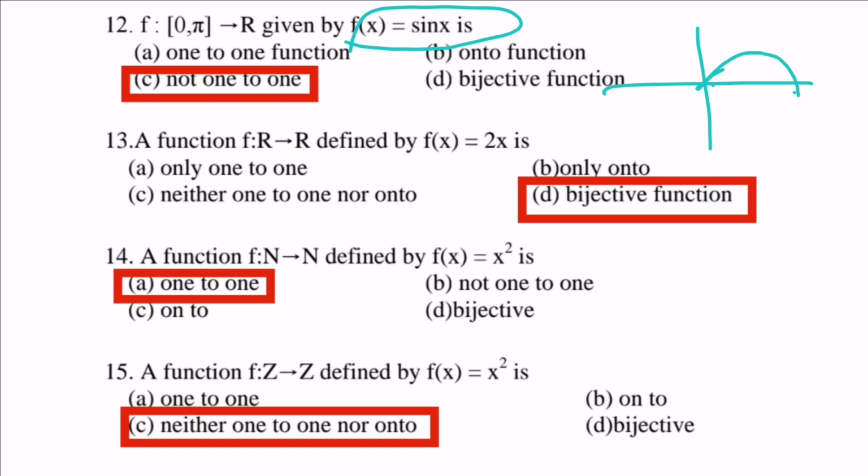So if we consider a is equal to 0 and b is equal to pi, then a is not equal to b, but the images are equal. Images are equal. Therefore the function is not 1-1. Option C is the correct one, not a 1-1 function.